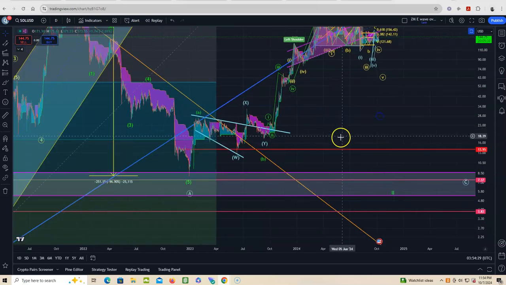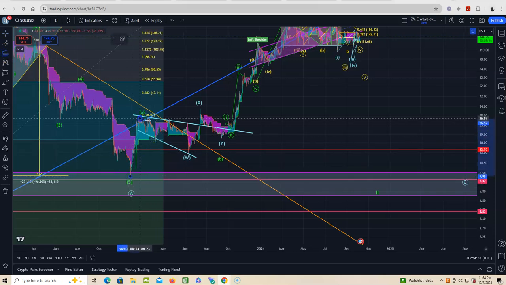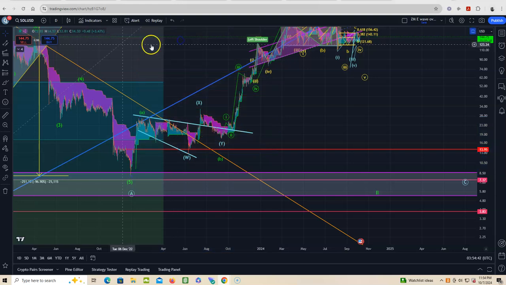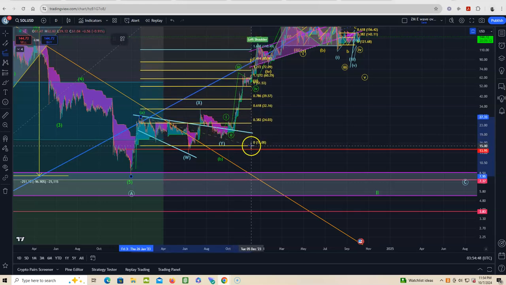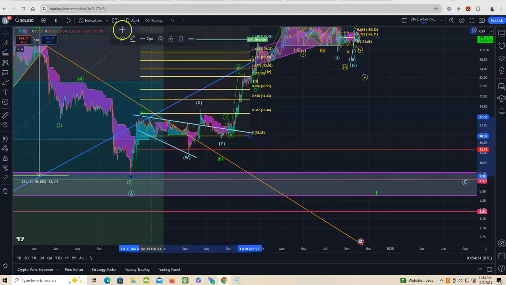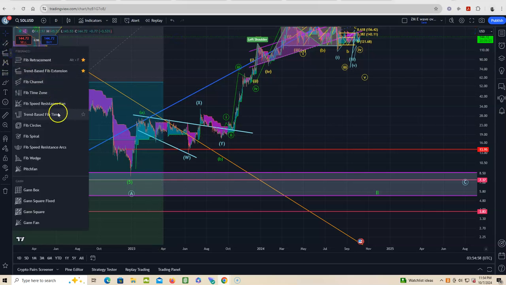Let me just show you guys the Fibonacci's on this thing. This is what I was talking about. Sorry about that, how do I do this again? That's for this ABC.